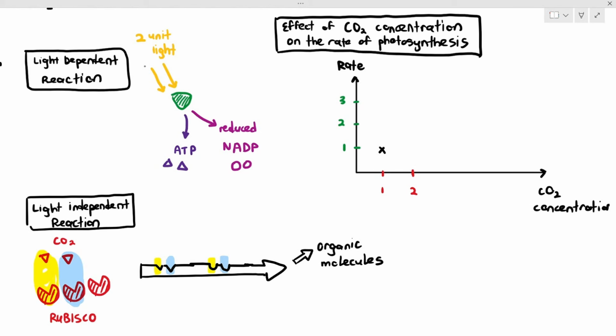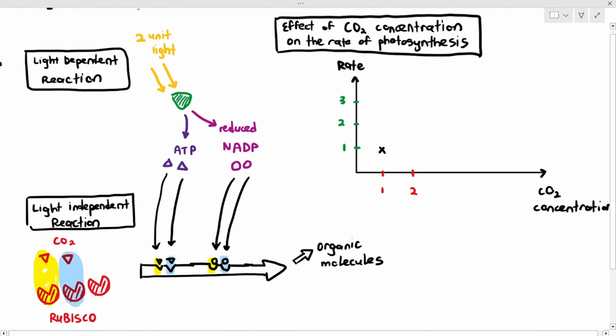So the more carbon dioxide I add, I have ATPs, they can bind to those two slots. Reduced NADPs can bind to those two slots. So can I produce more organic molecules? Yes, I can produce more organic molecules in this case. So by increasing carbon dioxide concentration, the rate of photosynthesis increases, as we can see there in the graph.